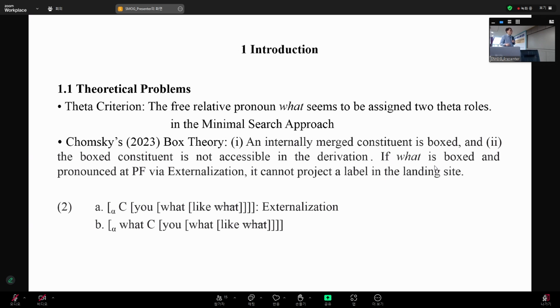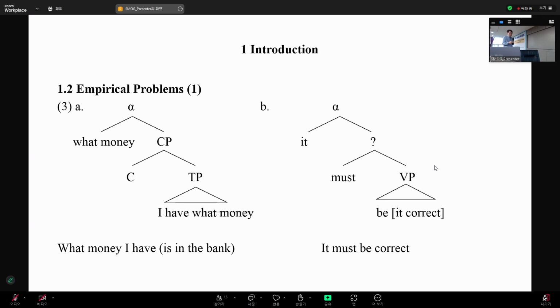So we have to say that the label alpha must be determined by C. So this is a problem, and there are actually many other empirical problems. The first problem is that what money is branching, but we have to say that what can project a label, because what I have is a DP, which means that I can project a label although what money is branching. So this is a problem, and actually 3D presents an opposite problem. It seems to be non-branching, but it fails to project a label. So we cannot say that alpha is a DP. So this is another problem.